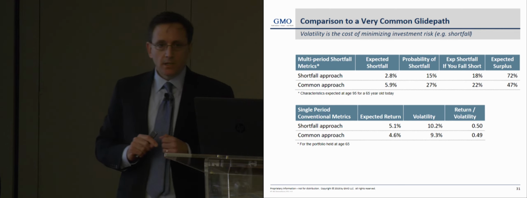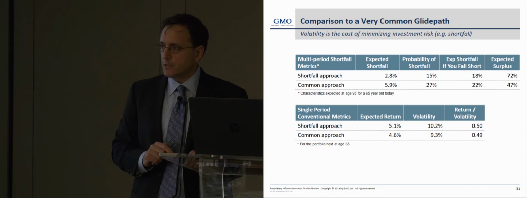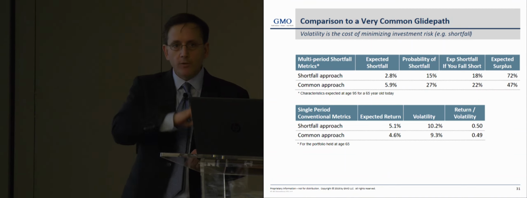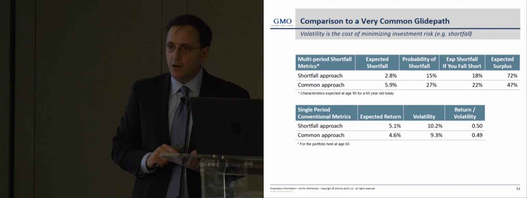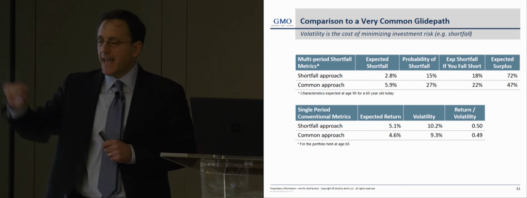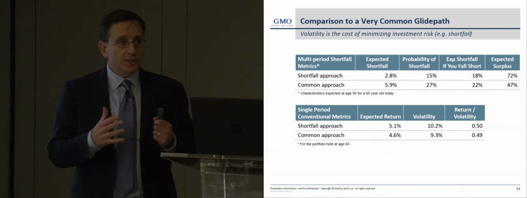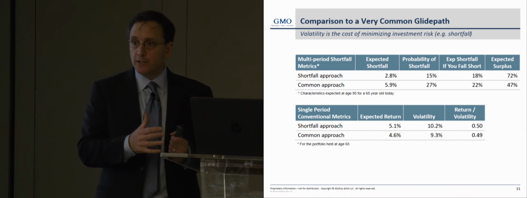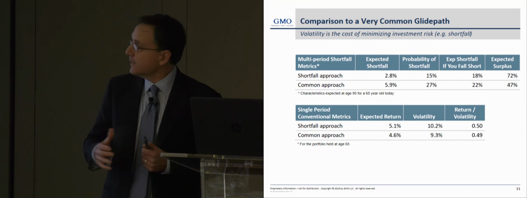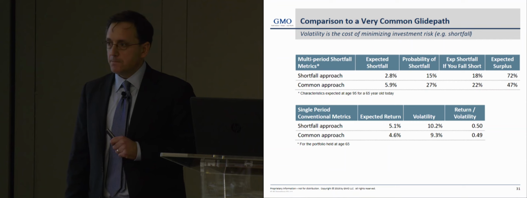The last column is also interesting. This is your expected surplus. Now, if you recall all the way back about 15 slides ago, we have a utility function where you're equally happy for all levels of wealth above your target. But we can still measure how much expected surplus you have. So in our framework, you get a lot more expected surplus.